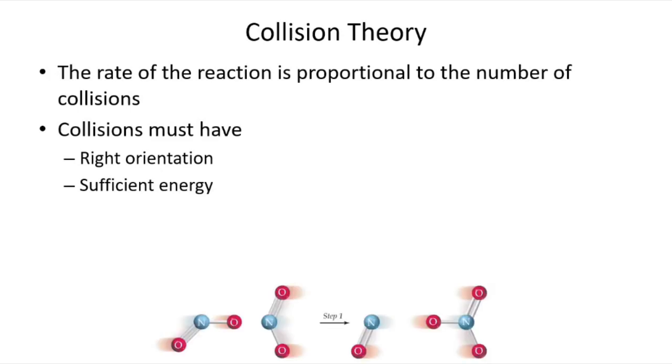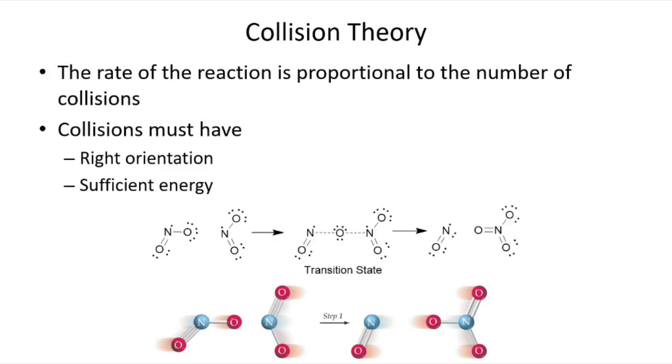If we think about this reaction between NO2 molecules, we see that in order to make NO and NO3, the molecules have to line up right so that during the collision, that O atom can be transferred from one molecule to the next one. And so we can imagine drawing what we call a transition state, where we have the reactant molecules and the product molecules, and the transition state is where the system sort of stops being reactants and starts being products.